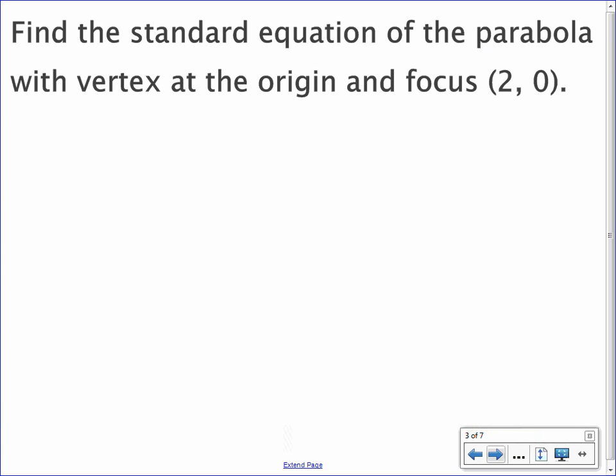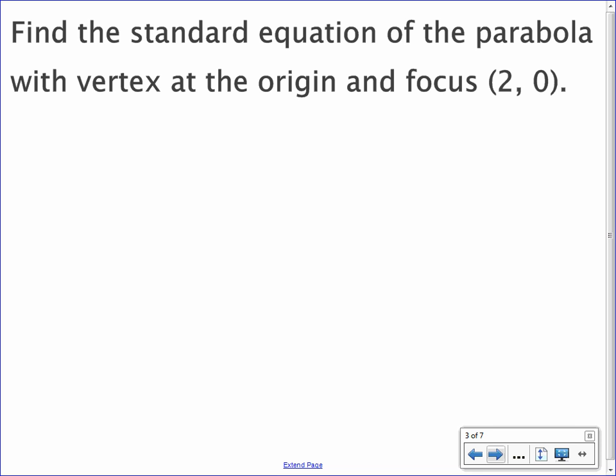Here we go. Write down what you need to. Find the standard equation of the parabola with the vertex at the origin and the focus is (2, 0). This is talking about a graph, so what should you do?